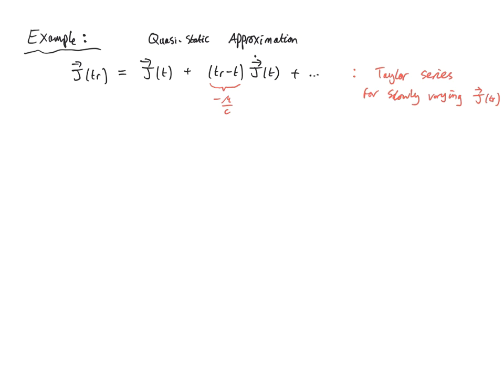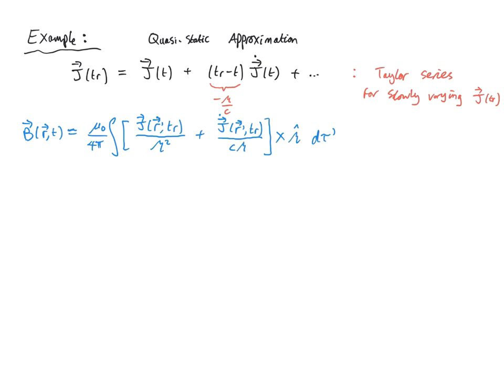So let's use this expression where we've expanded the current density at the retarded time around the present time. Let's just use these first two terms, the zeroth order approximation and the first order term. We'll substitute that into Jefimenko's equations for the magnetic field, and we'll see what we get. So here is Jefimenko's equation for the magnetic field in the case that we're interested in, and here I want to substitute in J of t_R in terms of J of t and J dot of t.